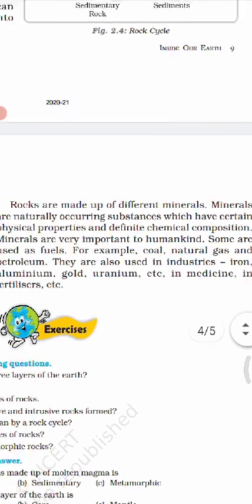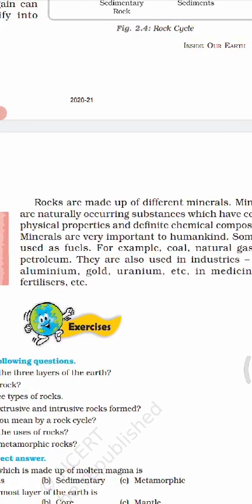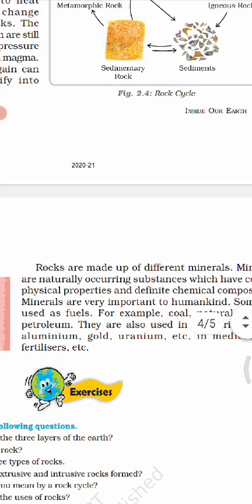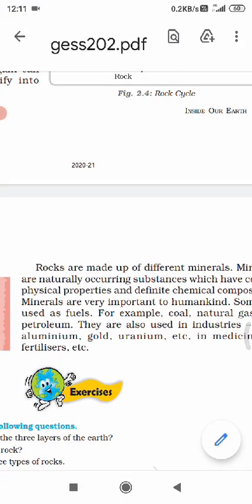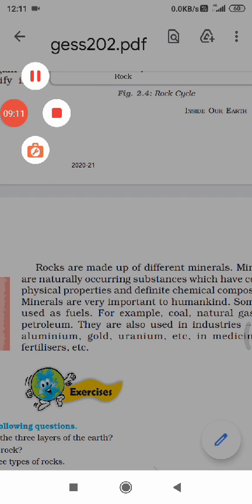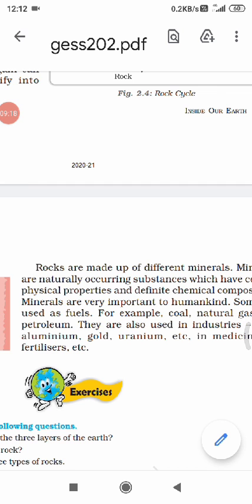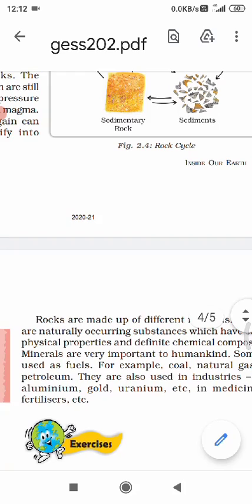They are used in medicine, in fertilizers. So these minerals are used in one way or another in our daily life. The salt you use daily is also a mineral. The pen with which you write is also made up of some metal.